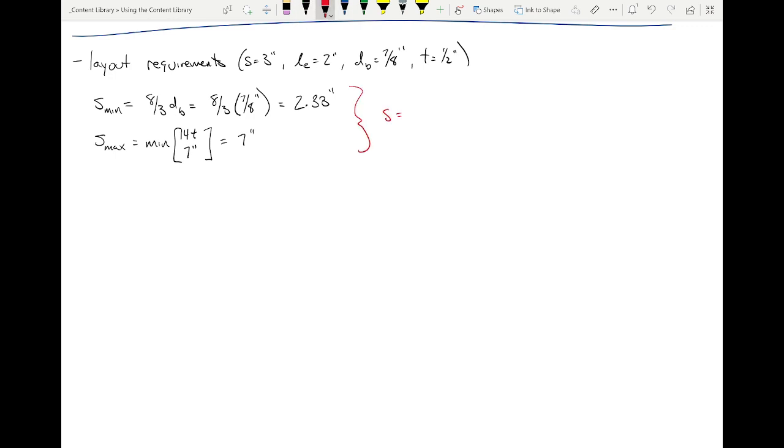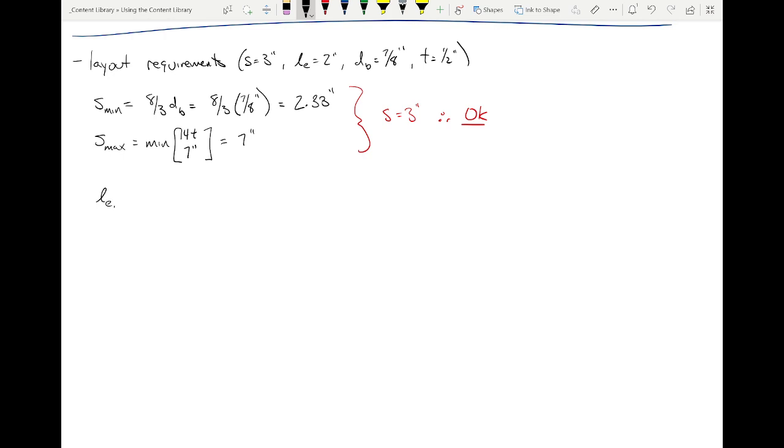What is S? We meet those, right? Because our bolt spacing is between the minimum and the maximum. And usually, bolt spacings tend to hover a little closer to the minimum than we do the maximum, because that ensures a more economical geometry.